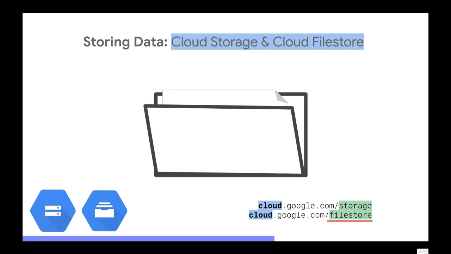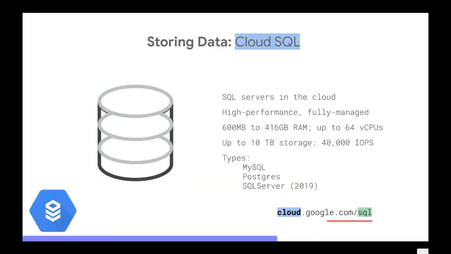Now, if you're looking for something more like a NAS, like an NFS-mounted file server in the cloud, that's Cloud Filestore. As you can probably guess, that's a completely different use case than massively putting your data in one giant archive. So that's Filestore. We also have relational databases.